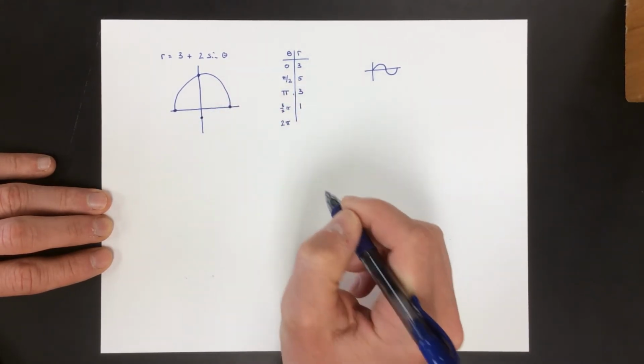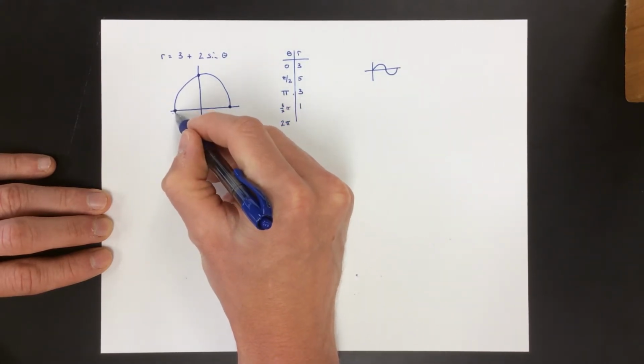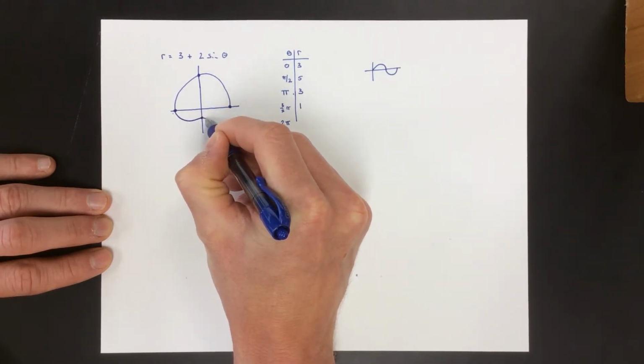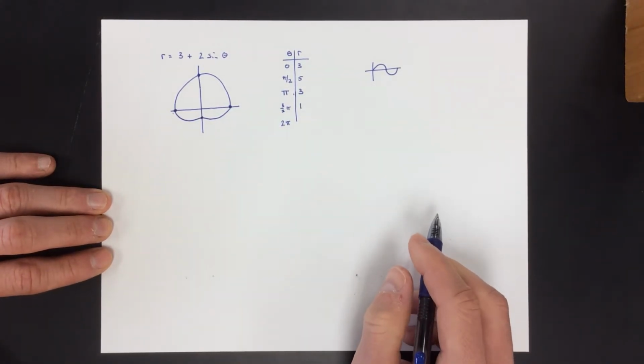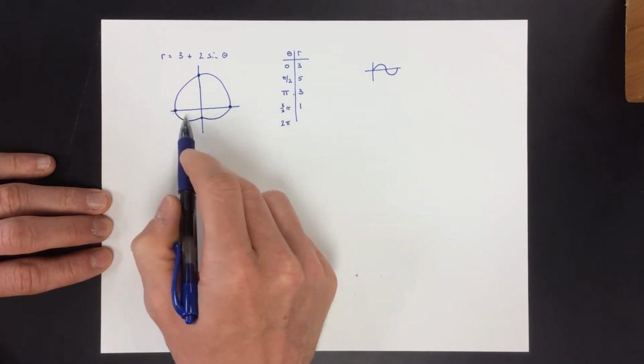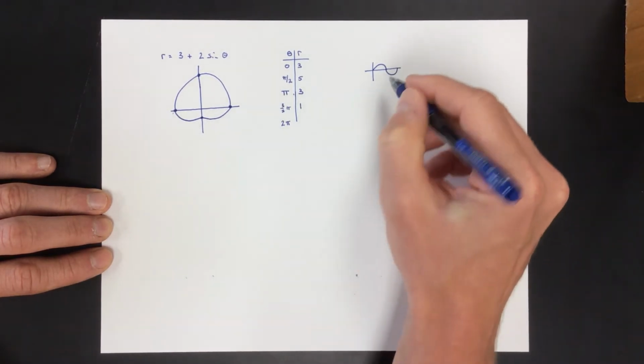I'm only at 1 there, and all of these other values I'm subtracting, so I'm going to do something that kind of looks like this, and I get some cardioid type shape. And again, why do I have this shape? Because in these rotations from pi to 2 pi, sine is negative.